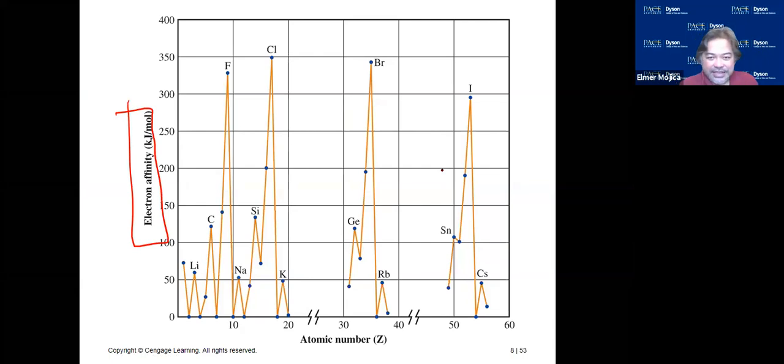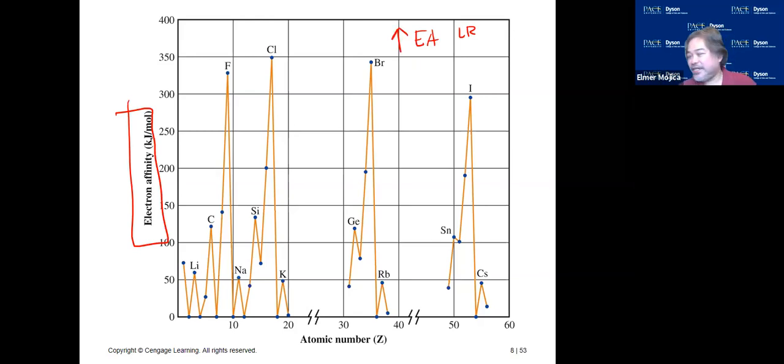So we could say EA, left to right, increases, just like your ionization energy. Top to bottom, the decrease is not really pronounced.